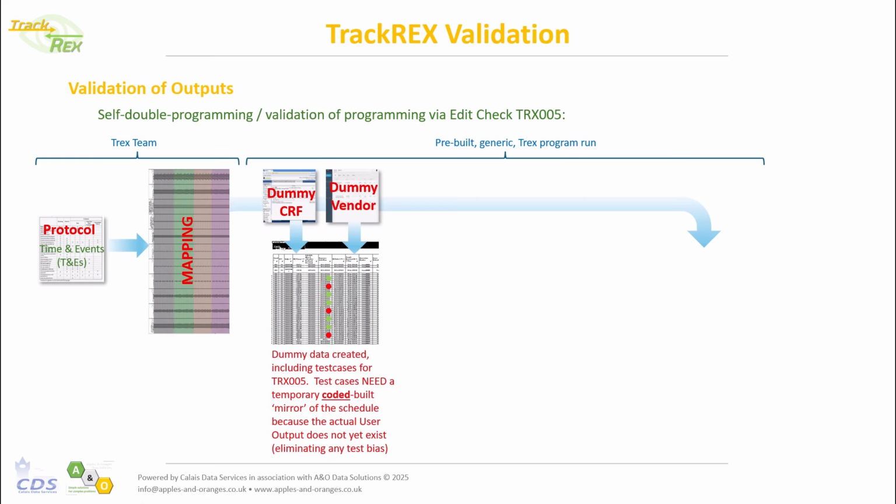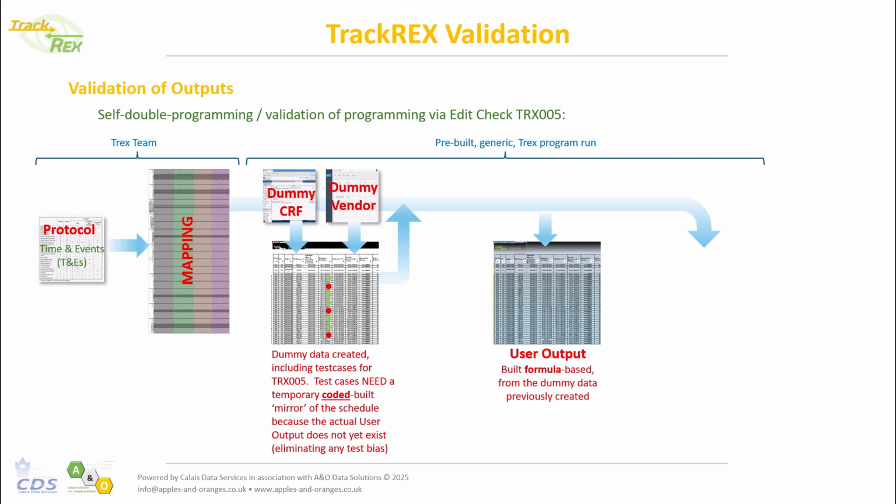As part of edit check testing documentation, the test cases are logged as expected to fire or not, as denoted by the green and red dots. There is a video covering edit check testing as part of the TrackREX video series. Next, the user output is created. This is built formula-based from the dummy data previously created. Following this, the edit check package is deployed over the user output. TRX 005 will fire or not fire, also denoted by the green and red dots.